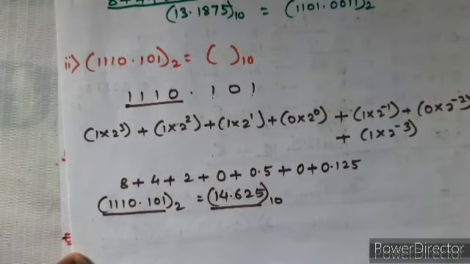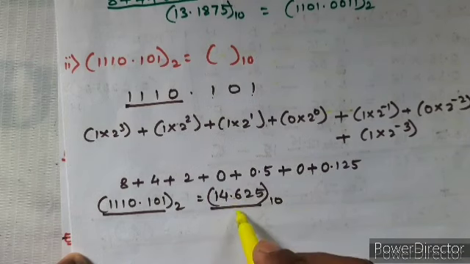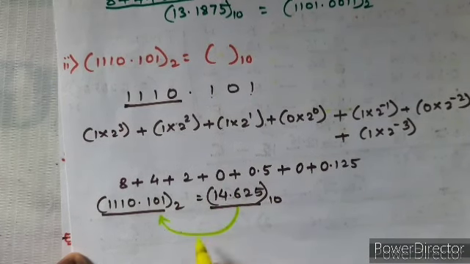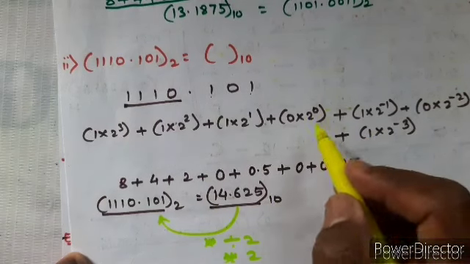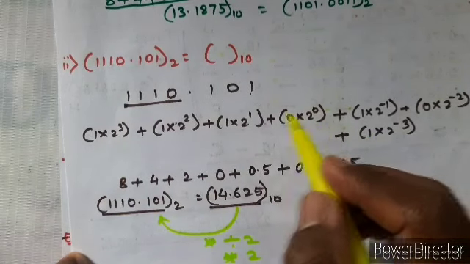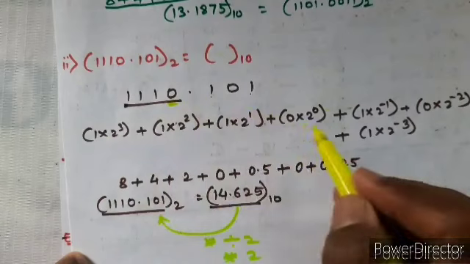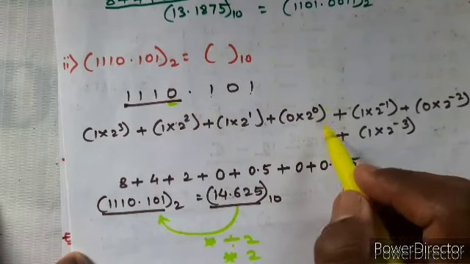Okay, now if you remember the conversion of decimal to binary, then we had used the divide by 2 and multiply by 2 method. So here it is opposite. Here we are going to multiply the given bits by powers of 2.